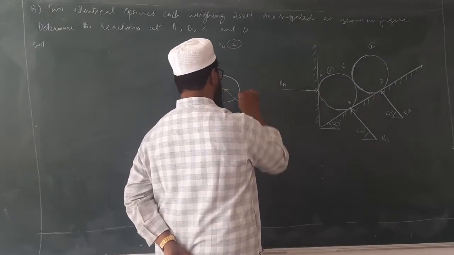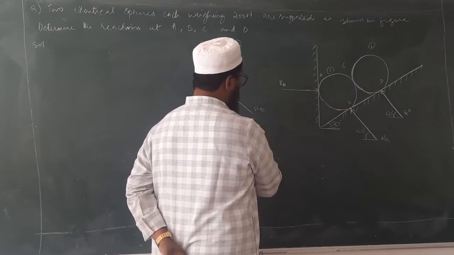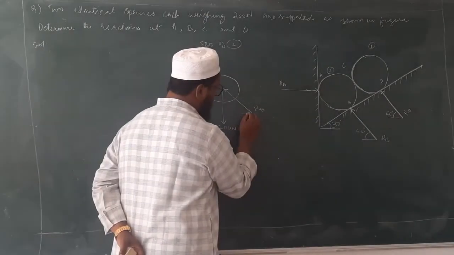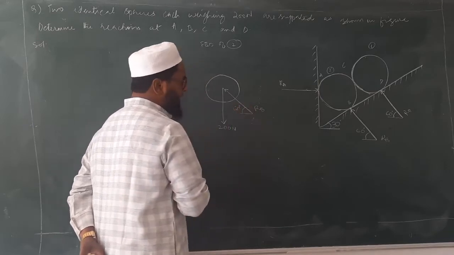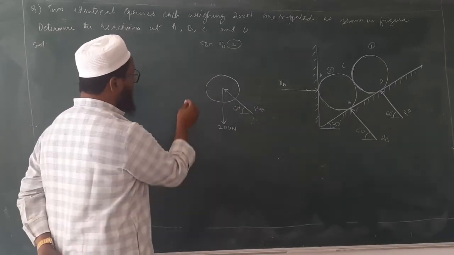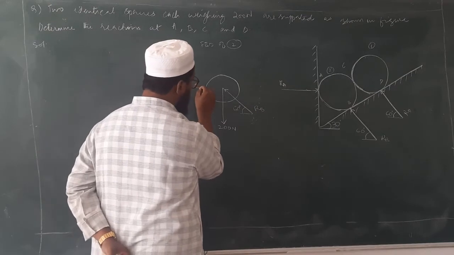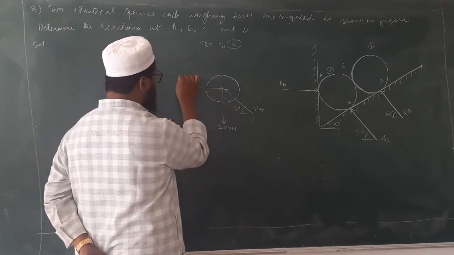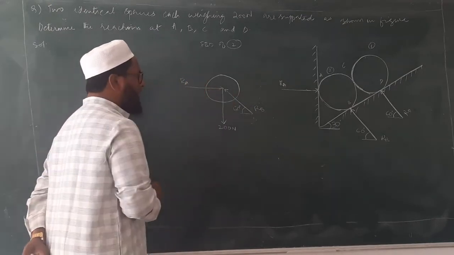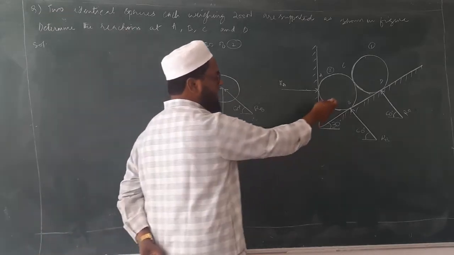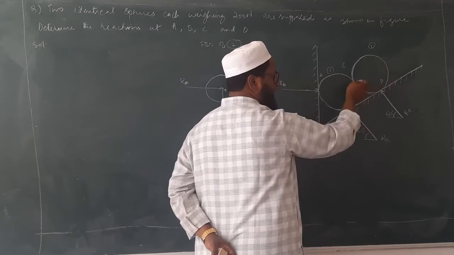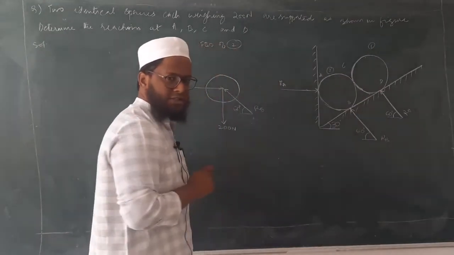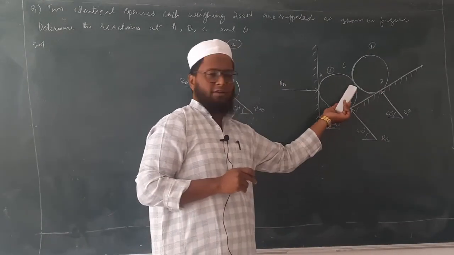And what about this reaction? RB is going in the second quadrant and the inclination is 60 degrees. Then we have RA, which is going in the positive x direction. This is RA. And we have one more reaction. When we consider this sphere, the reaction will be from this side.